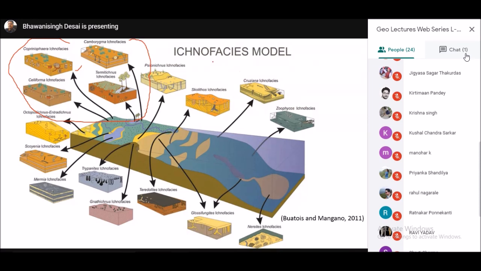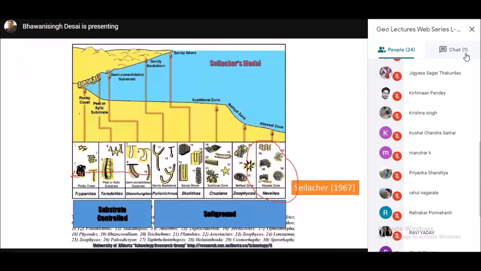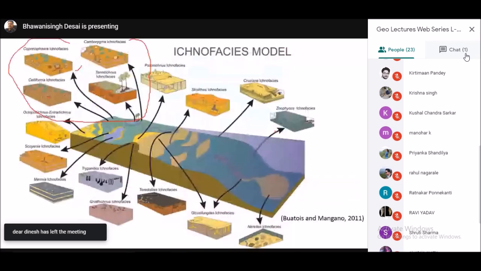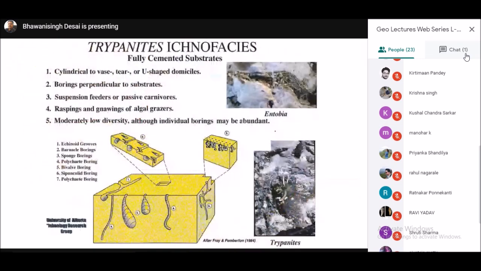Here you can also identify in a river system whether you were on the bank side or a channel side. Now let me do one thing. I'll explain some of these classical ichnofacies because we have very limited time. I'll just show you the highlight of them. So this is the Trypanites ichnofacies. Trypanites means the rock record is there.